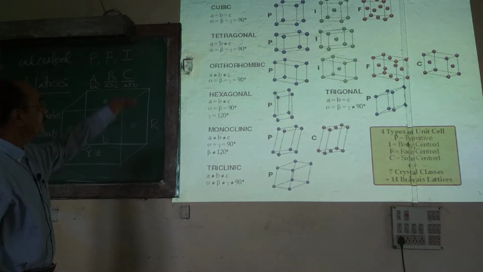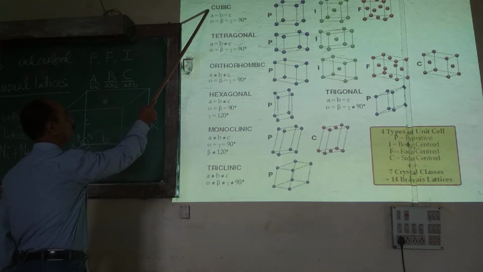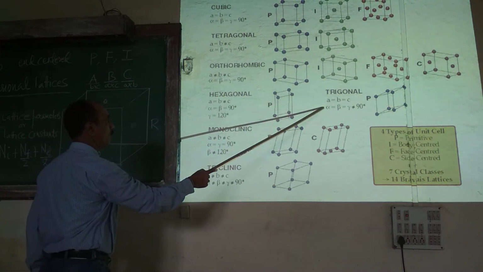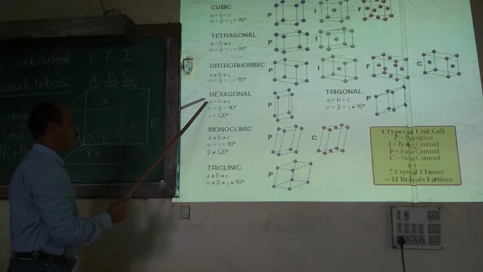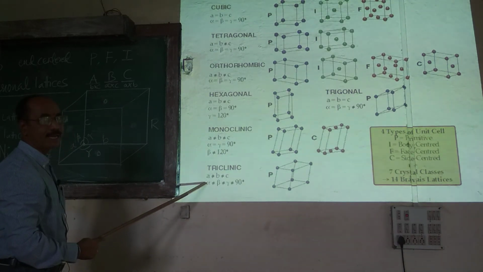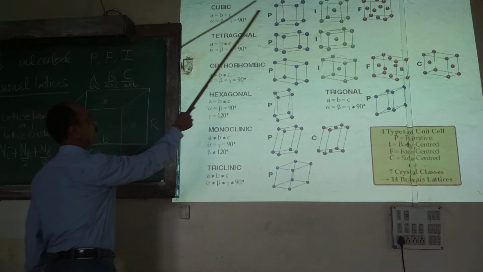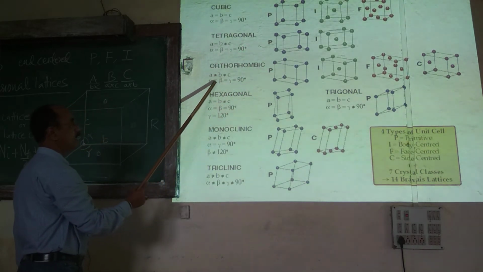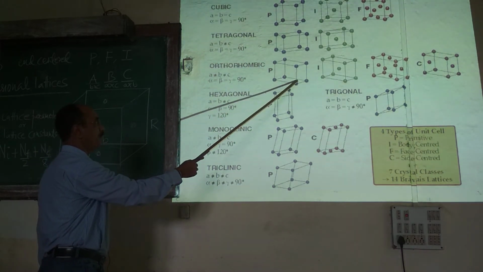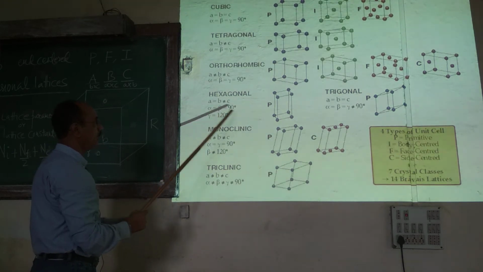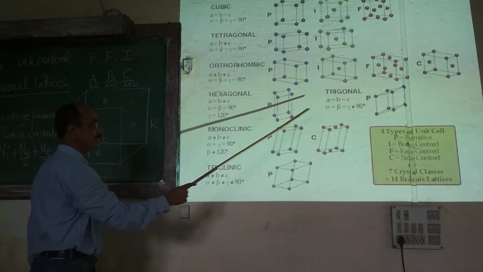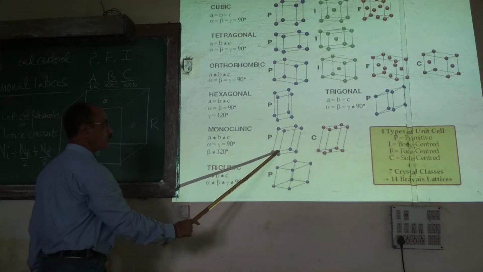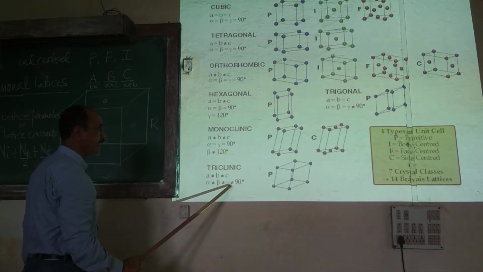So these are the seven crystal systems: cubic, tetragonal, orthorhombic, trigonal or rhombohedral, hexagonal, monoclinic and triclinic. Cubic has three Bravais lattices, tetragonal two, orthorhombic four, hexagonal one, trigonal one, monoclinic two, triclinic one.